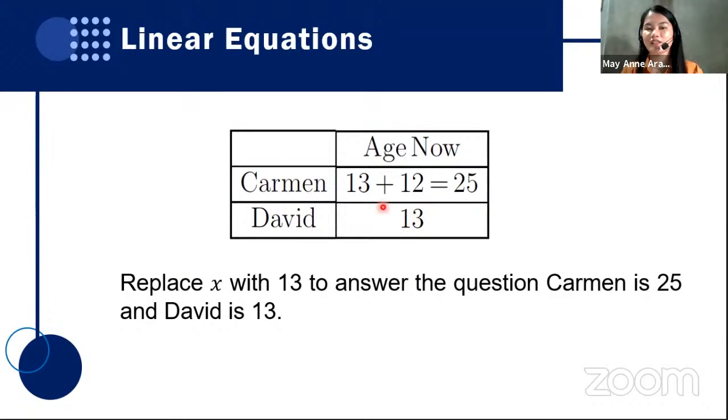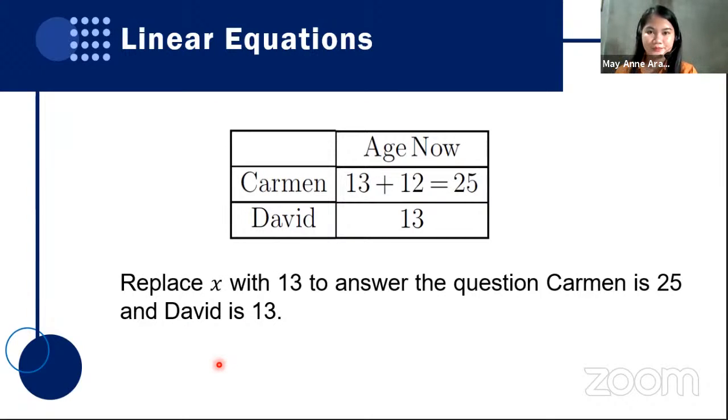Since the age of Carmen is x plus 12, we need to add the value of x, 13, to 12. So 13 plus 12 is 25. Therefore, the age of Carmen is 25 and the age of David is 13 years old.